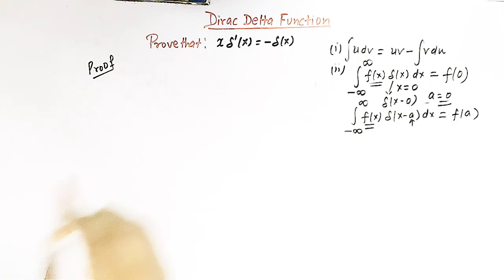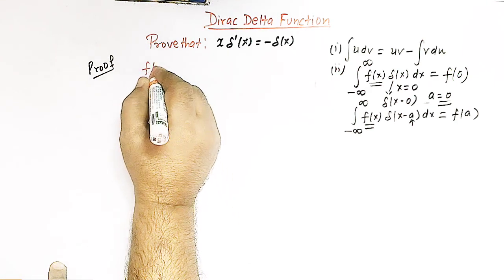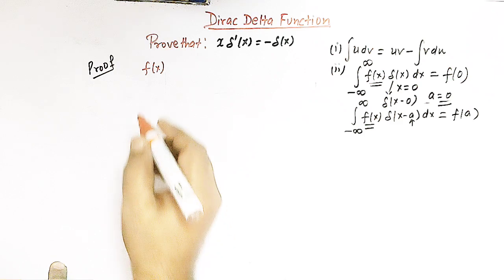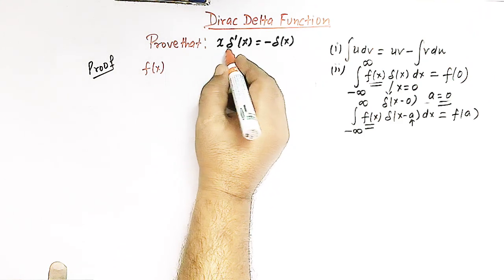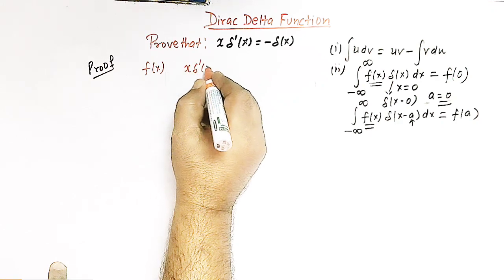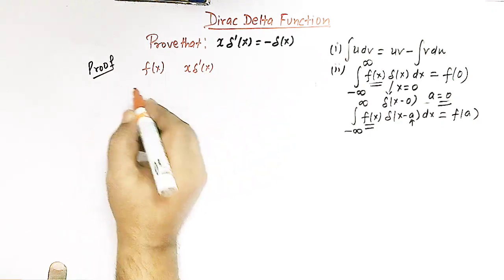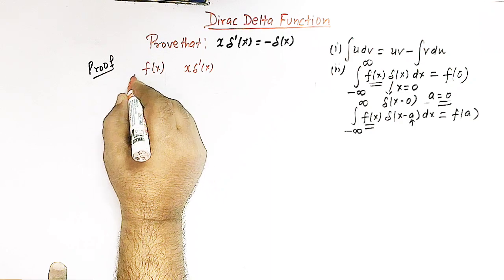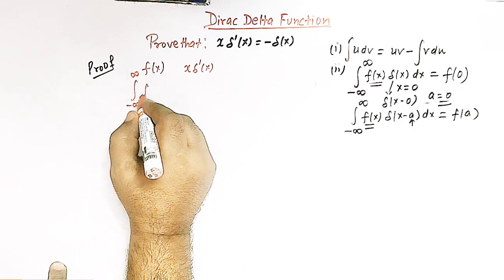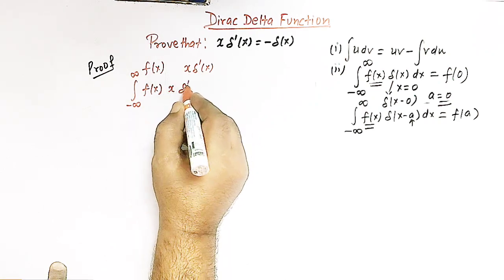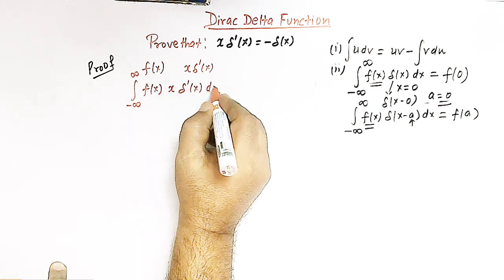So these two important results are required to prove this property. Now consider a function f of x, which is also known as a test function, and let us consider another function, that is x delta prime of x. We construct an integral from minus infinity to infinity of f of x times x delta prime of x dx.